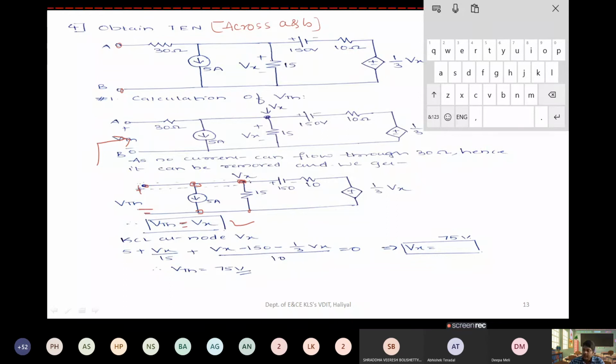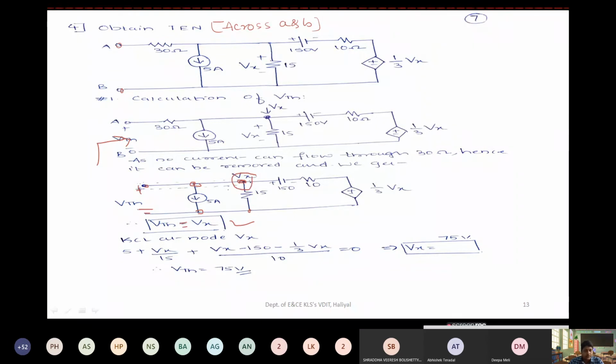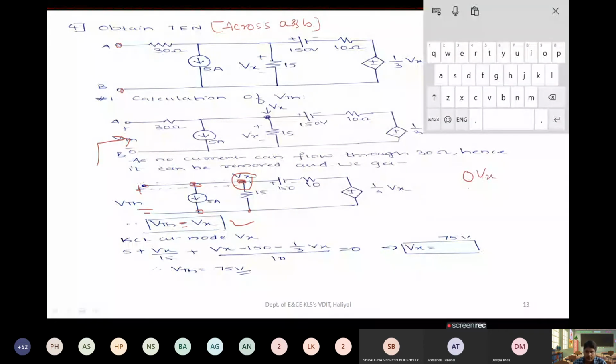If you apply KCL at Vx, you have to assume all currents as outgoing currents. So how does that Vx node look? Here we have the 15 ohm resistor, where you can assume outgoing current, and already a 5 ampere current is there, which is outgoing current.